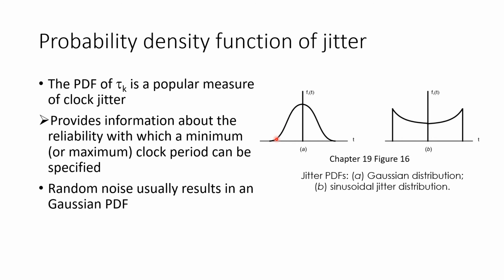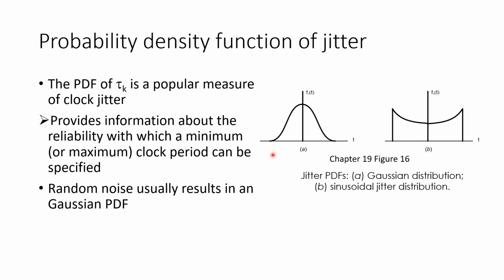For example, if instead of this Gaussian distribution here, you have a distribution with a different shape, such as the one shown here, that might suggest to you that the underlying cause of the jitter is not random thermal noise that's arising in the circuit itself, because thermal noise arises because of the superposition of many, many independent noise events.